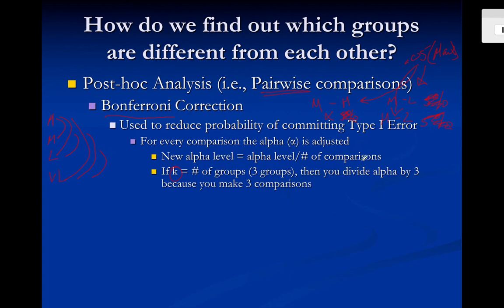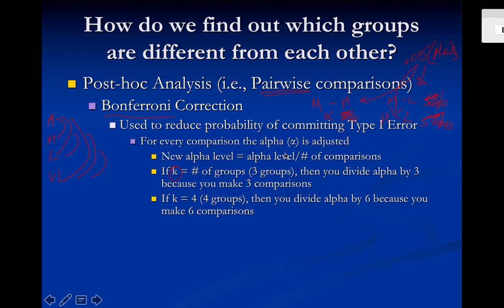But you'll notice that we are not dividing the alpha level by K. We're dividing my alpha level by the number of comparisons. That's the very important issue we need to address. If we had 4 groups, we wouldn't divide my alpha level by 3, because the number of comparisons has doubled to 6.